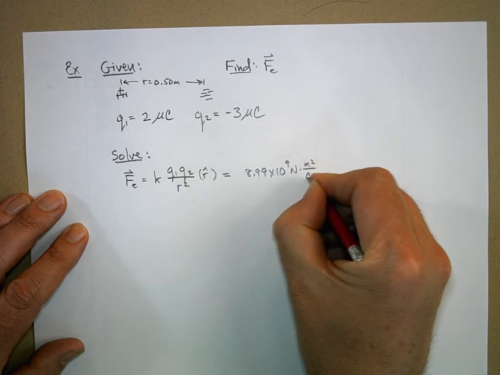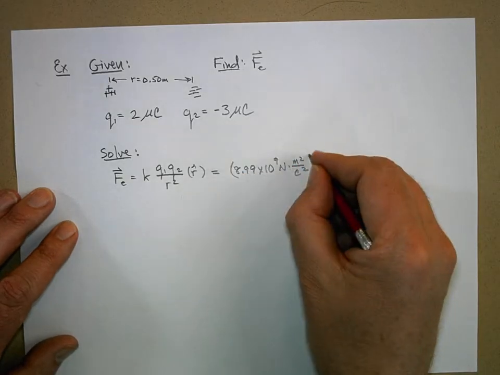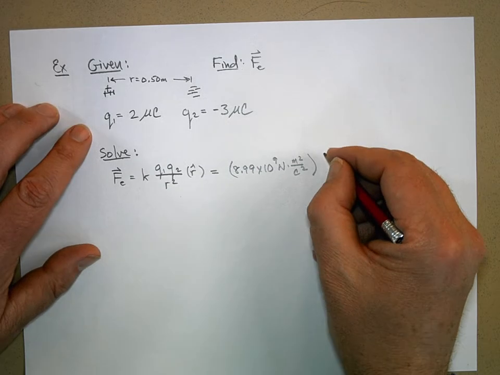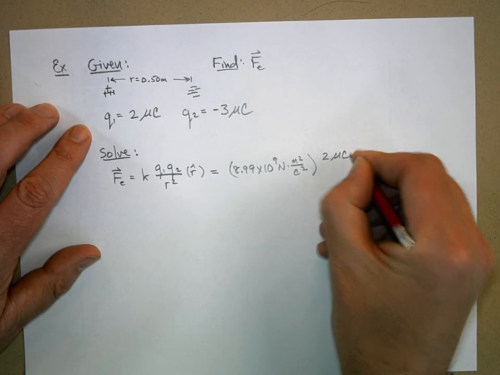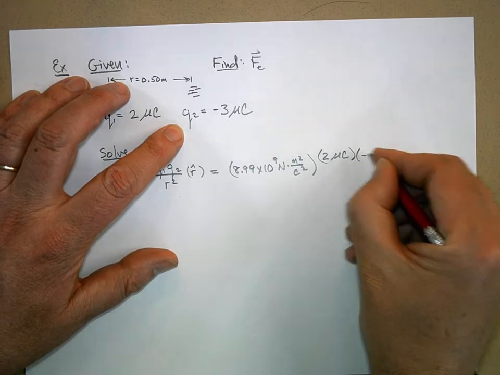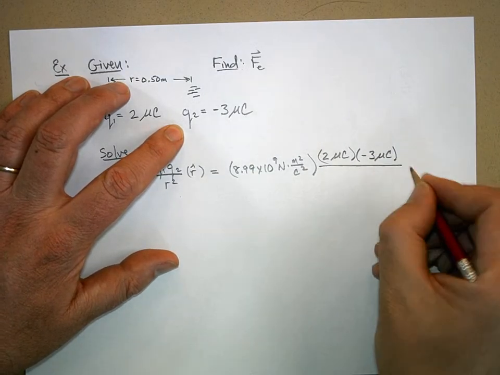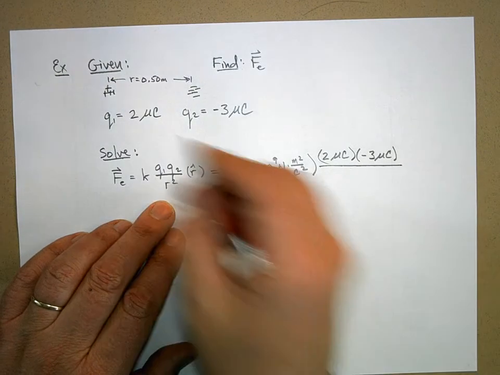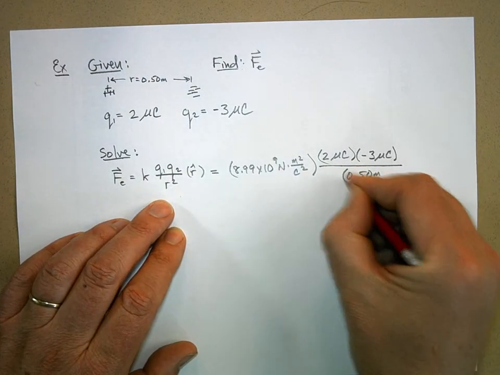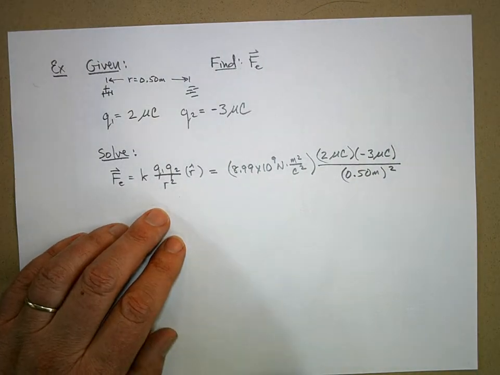There's K. And then Q1 is 2 microcoulombs. And Q2 is negative 3 microcoulombs. And I'm going to divide it by 0.50 meters squared. And that's going to be in the r hat direction.